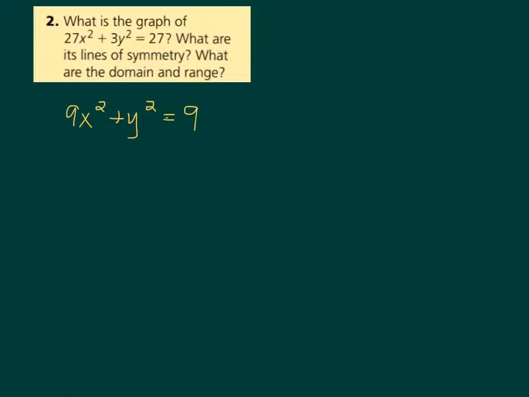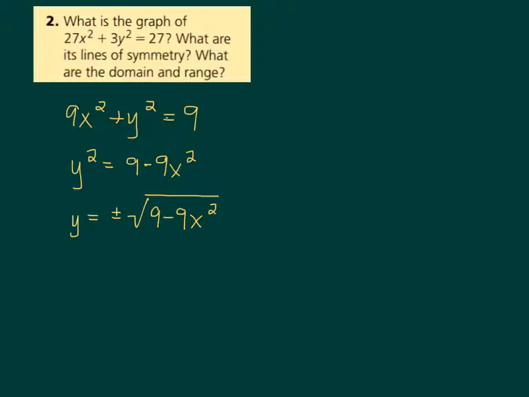So what we could do is say y squared is 9 minus 9x squared. Then if we take the square root, it's plus or minus the square root of 9 minus 9x squared. And as he pointed out, if you want to do that in the calculator, your calculator doesn't have a plus or minus button.